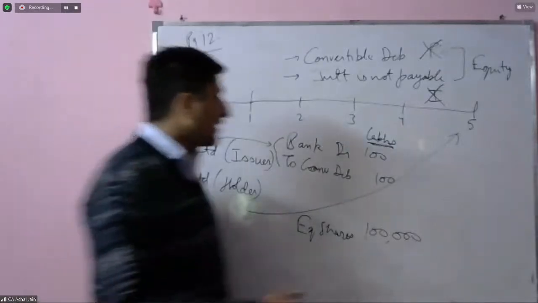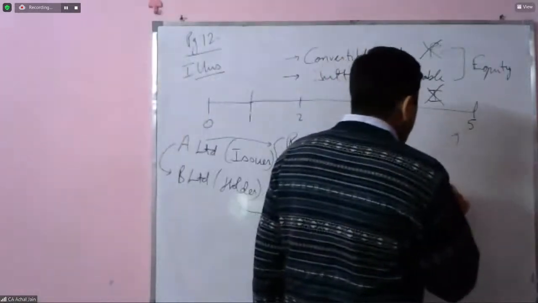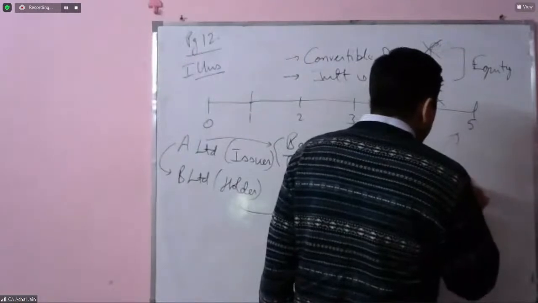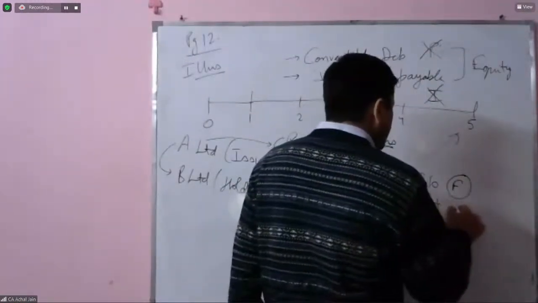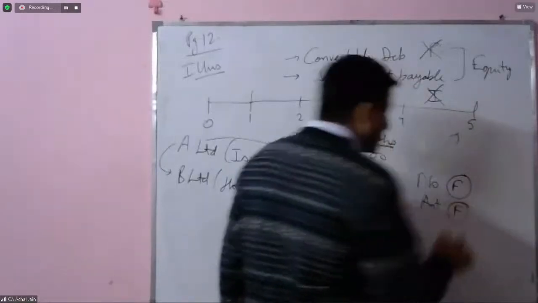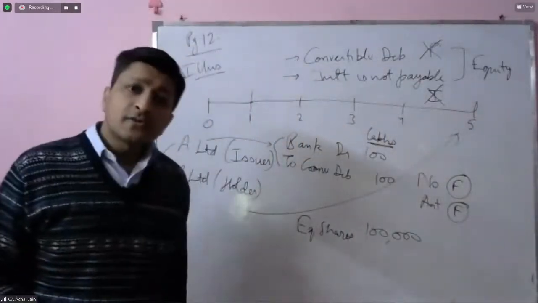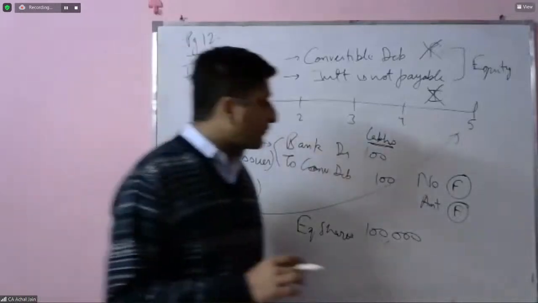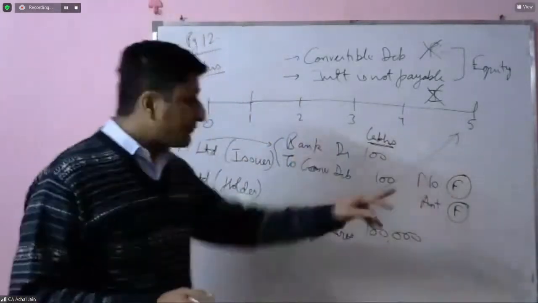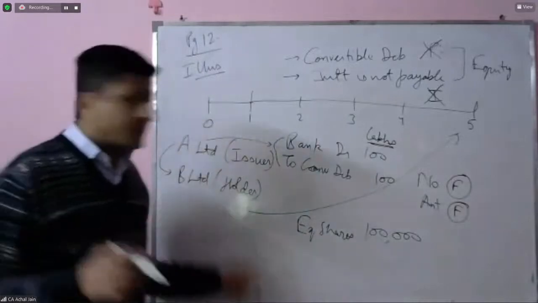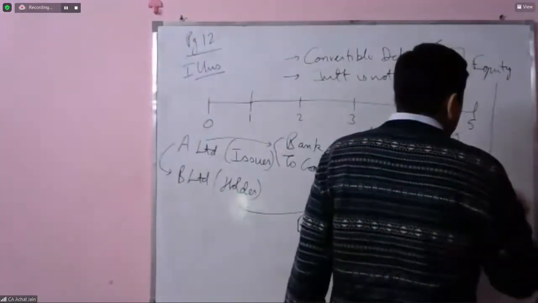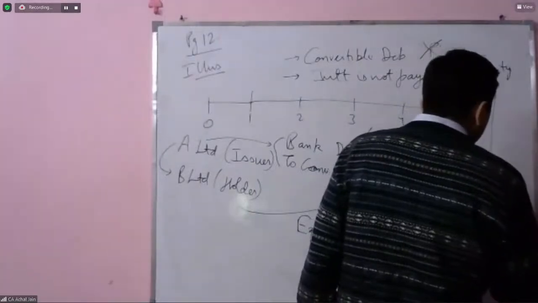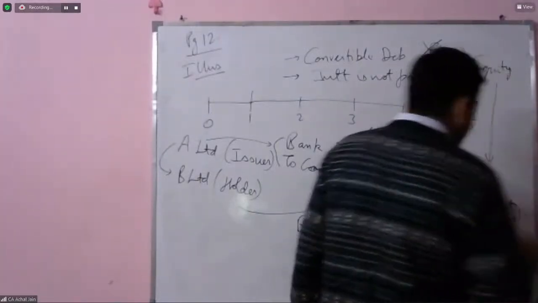So if the number of shares is fixed and the amount at which they will be converted is also fixed, that means both of them have to be fixed, and fixed today itself. Then such an instrument will become equity.